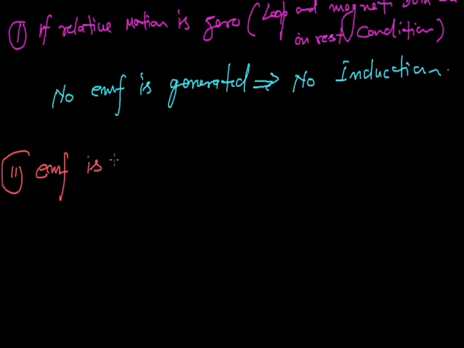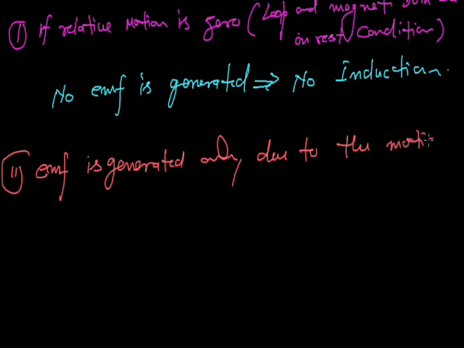EMF is generated only due to the motion of either the loop or the magnet.